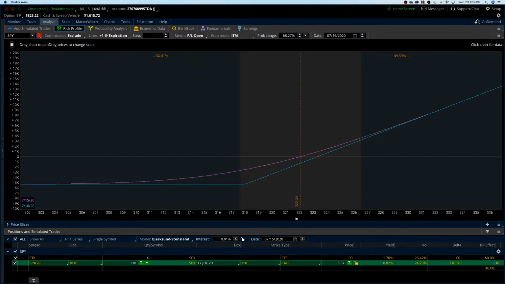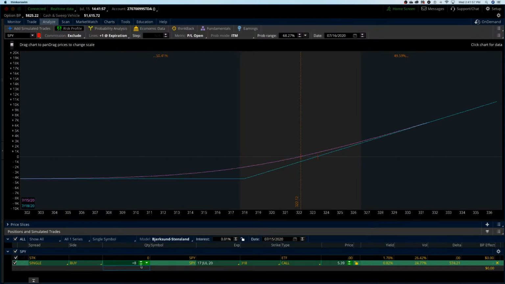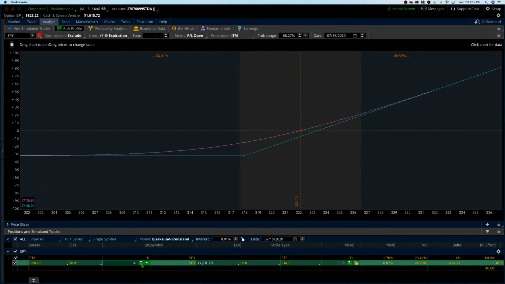you can see that this was a $318 strike, right? So there's $318. If I held this until expiration, I would lose $5,000. Let's do it for just one contract so it's a little easier to understand. That's 10 contracts.